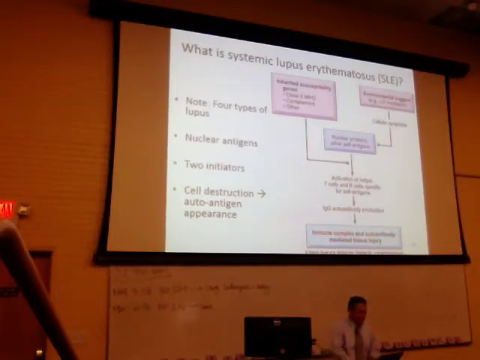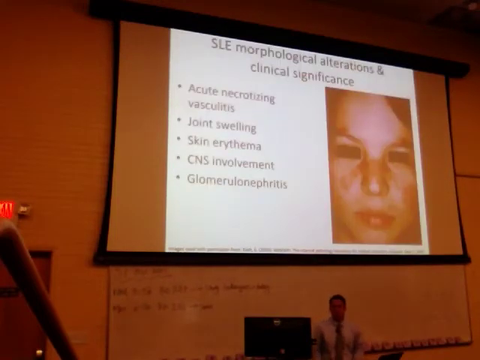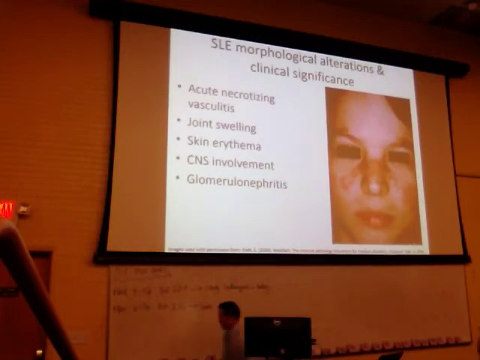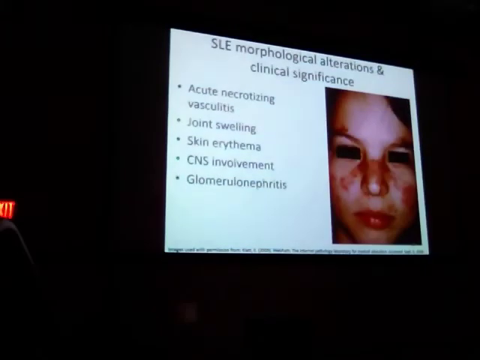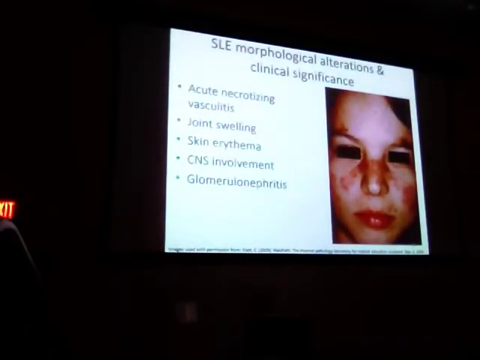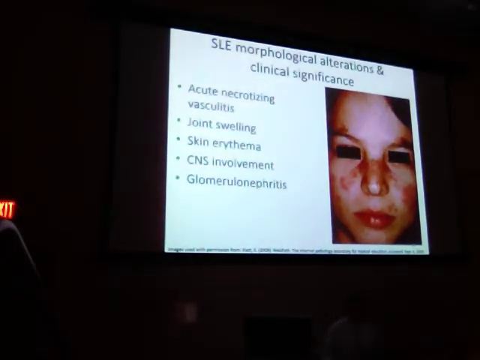And just like a lot of the autoimmune disorders that we've already talked about, we're going to see some classic clinical results. So in this patient, this is systemic lupus erythematosus. They're going to have this butterfly rash. This patient has this butterfly rash on the skin.